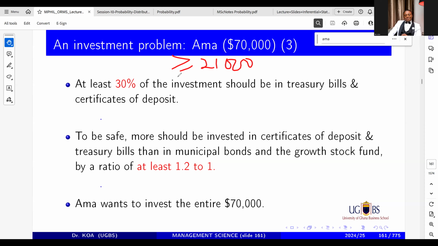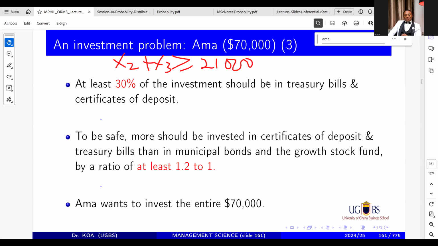Treasury bills is X3, certificate of deposit is X2. So it's X2 plus X3 greater than or equal to 21,000. That is how you formulate it.